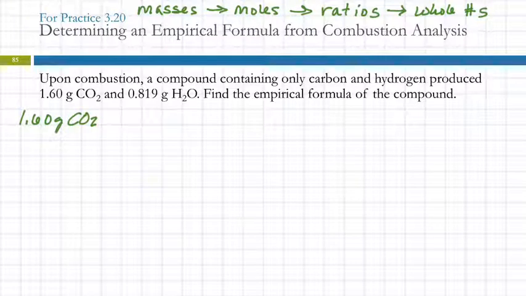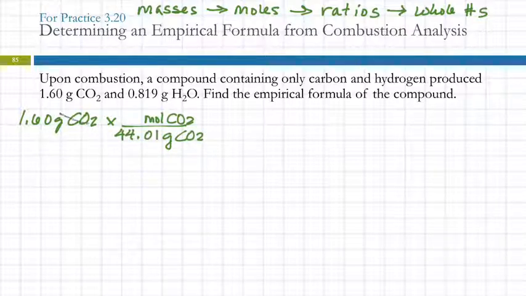Can we find out how many moles of CO2 we have? Sure, we just need the molar mass, which is 12.01 plus 2 times 16 is 44.01. So I can convert this to moles of CO2 dividing by the molar mass of CO2. So grams of CO2 cancel out.